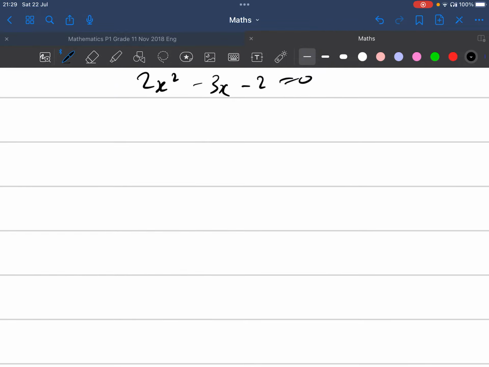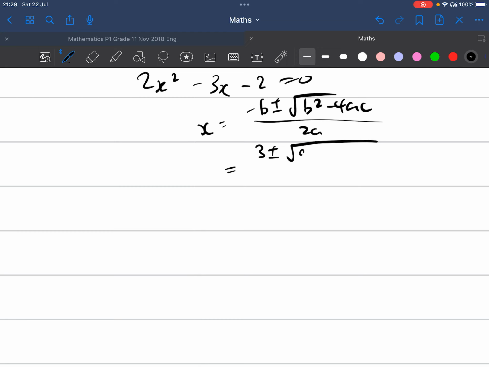I'm just going to use the quadratic formula here. So minus b plus or minus the root of b squared minus 4ac all over 2a. So I'll have 3 plus or minus the root of 9 minus 4ac, all over 2a.